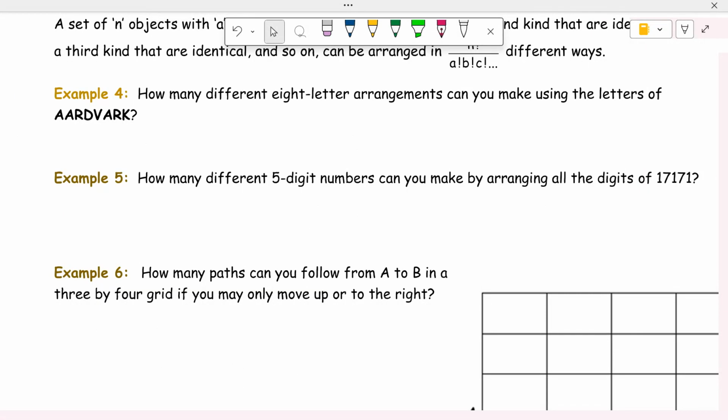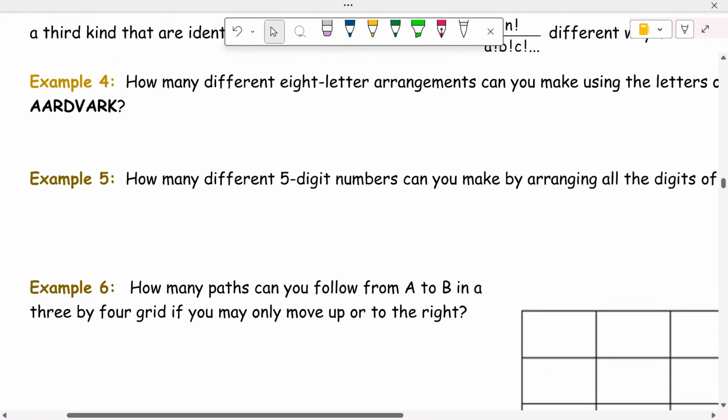How many different 8-letter arrangements can you make using the letters of the word aardvark? We have 8 letters, so normally we would go 8 factorial and move on. But now we know we can't do that because we have repetition. How many A's are there? 3.